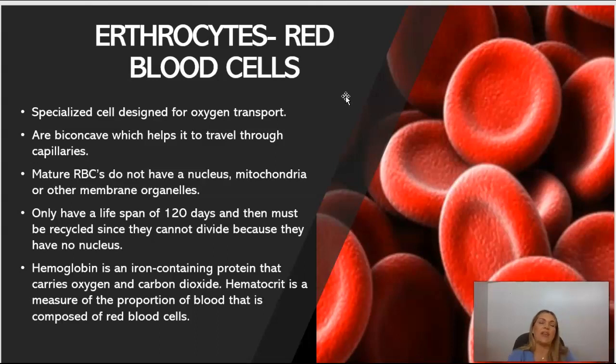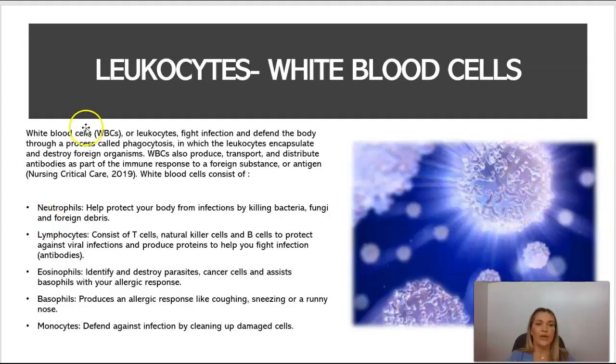The hemoglobin and the hematocrit is a blood value that's used to identify many different disease processes, and is a measure of really how healthy you are. And we'll talk about that in another lesson and more in depth.